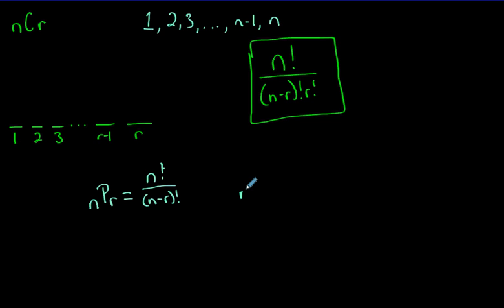For a combination, we took our permutation, our n factorial over n minus r factorial, and then we divided that by r factorial. And when you divide by a number, you can just put it in the denominator as well.